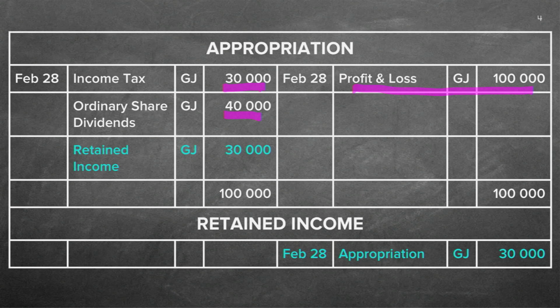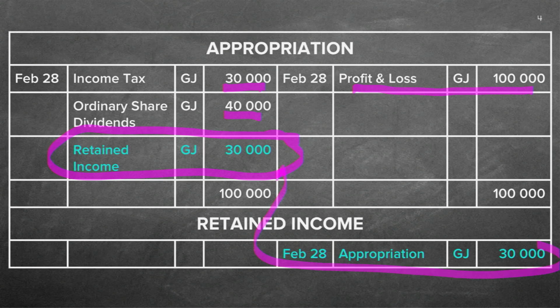So 100 minus 30 gave me 70, minus 40 gives me 30. And so my retained income is 30,000 Rand. Simply take your net profit minus income tax minus ordinary share dividends, and whatever's left over is your retained income.